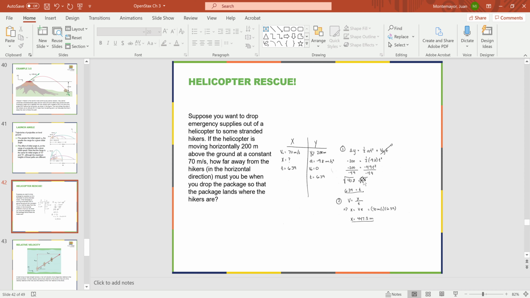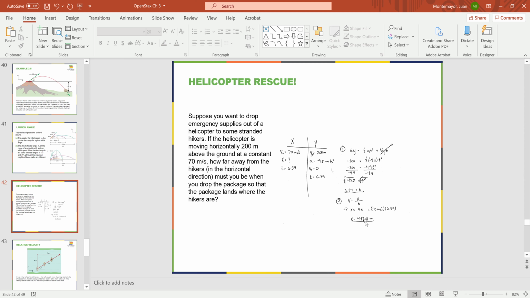Now, like I mentioned, time is interchangeable. If we have it in the y component, we can have it in the x. So initially, in the x component, we didn't have anything besides our velocity. We didn't have our x. We don't have an acceleration. But now we have our time. If we have our time, we can go ahead and use this equation, one of the first equations we solved, and we're able to find our x, which is 447.3 meters.